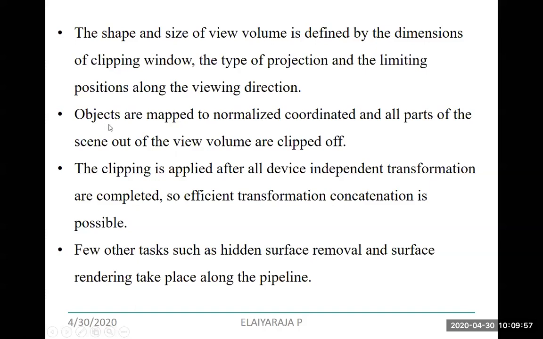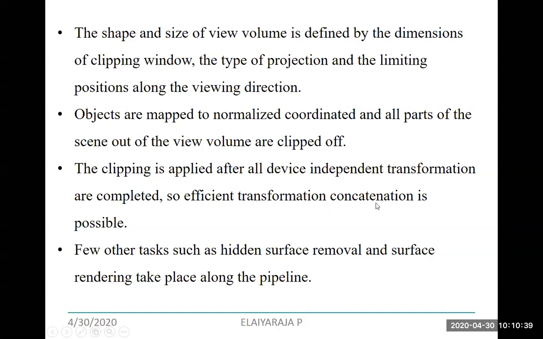Okay. Objects are mapped to normalized coordinates, and all parts of the scene outside the view volume are clipped off. That we will call the vanishing point, which we will discuss later. But if it is out of the scene, all the parts of the scene outside the view volume are clipped off, which means it will be removed completely from the clip window. The clipping is applied after all device independent transformations are completed.